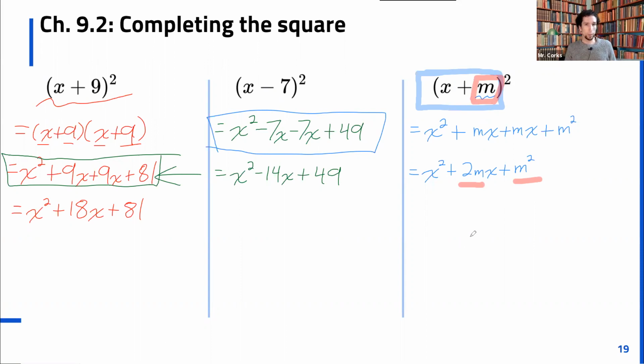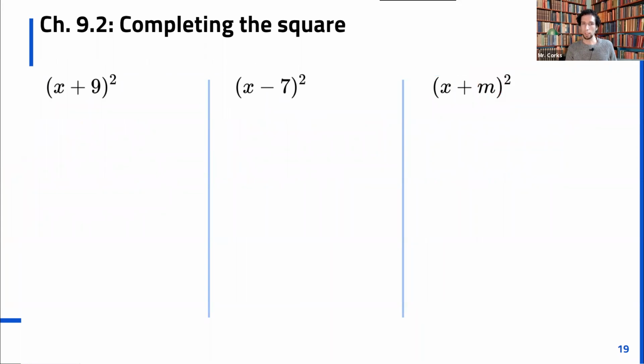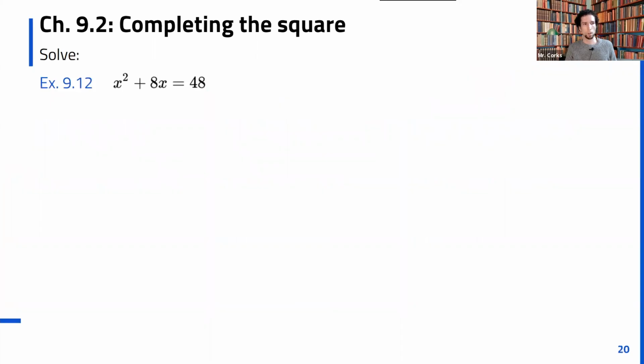Not too different from how we had the n plus m for the b value before, and the m times n for the c value here. Okay, so that's the general pattern, and then we are going to use that to complete the square. So let's start off with this example and see how we can do this.